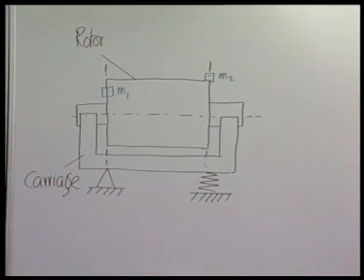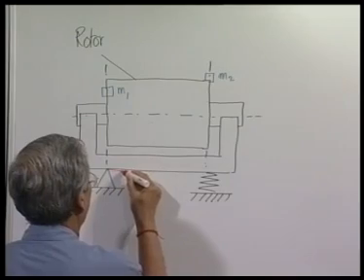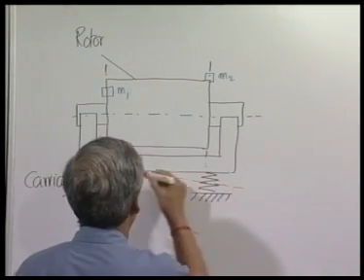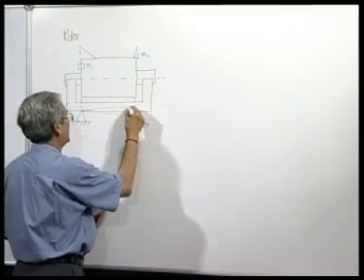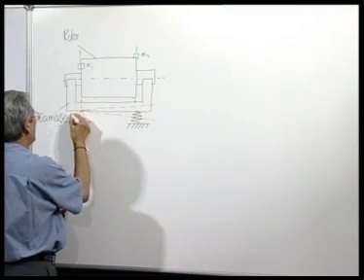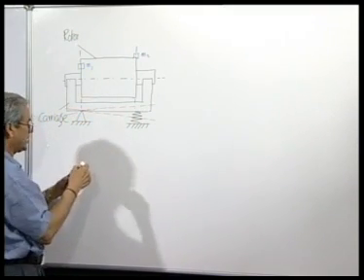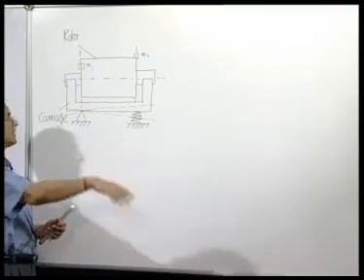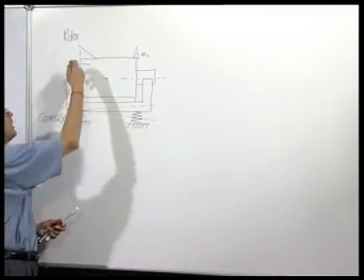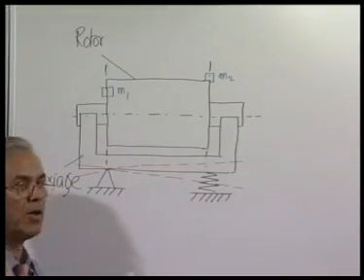The rocking motion will be generated, and the carriage will rock like this. You can imagine it will just rock like this with this as the pivot. Now, the effect of this unbalance will be completely gone.